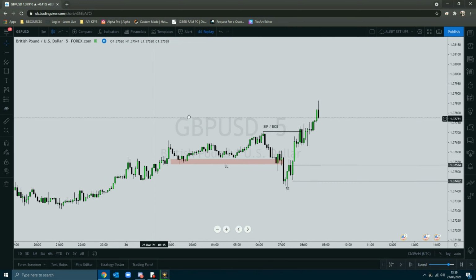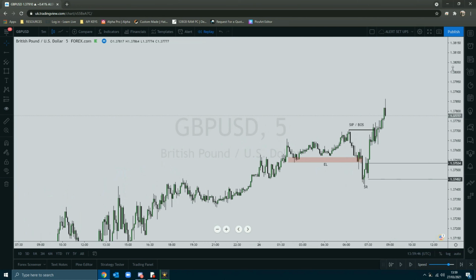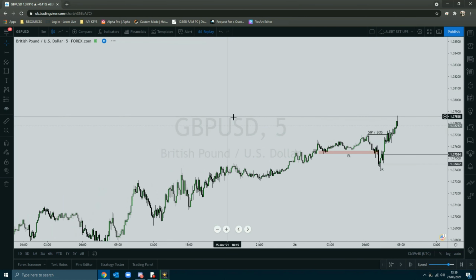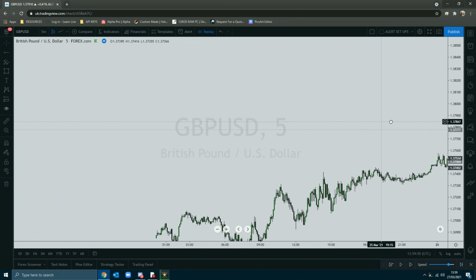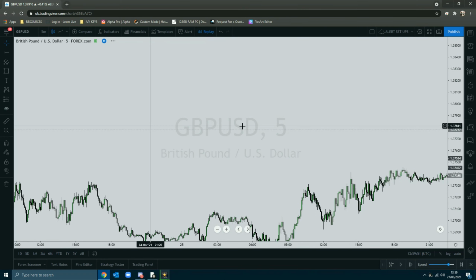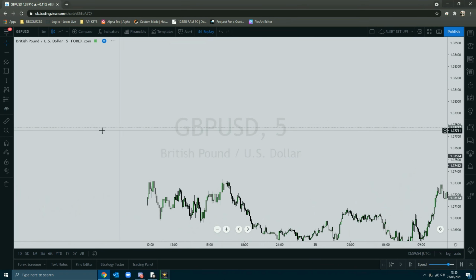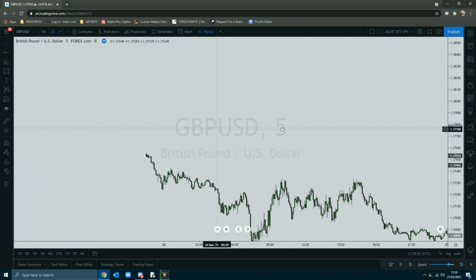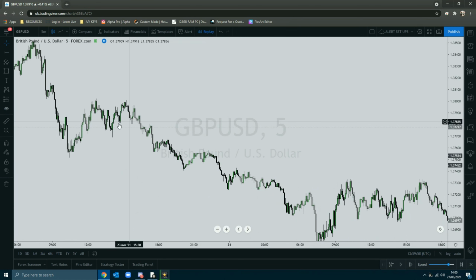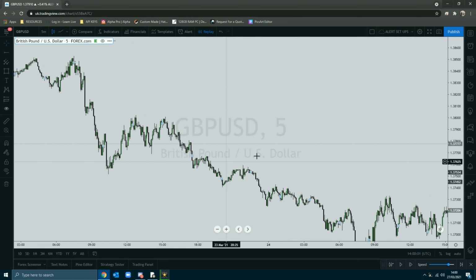Alright, now if I scrunch the chart up quite a lot here, okay, and we're going to go back a little bit. Okay, so if I come back to here, all the way back. Okay, right, so where this dotted line is, you can see the dotted line there, that's where price is currently sitting. Alright, now what are we trying to target from this level?